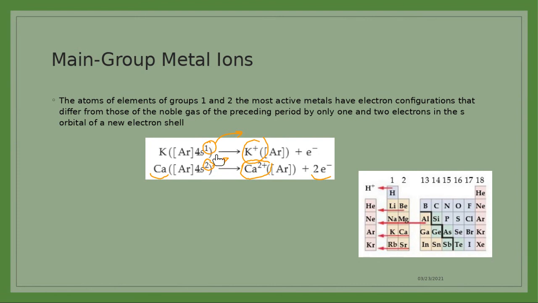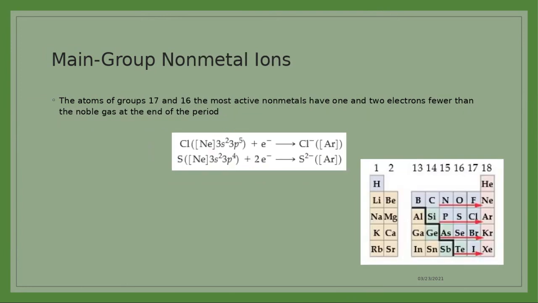If they give 1 electron, they have the same electronic configuration. Okay, potassium and argon, and that means always a stable position. And as I said, metals tend to lose electrons to attain noble gas electronic configuration. Don't forget that.